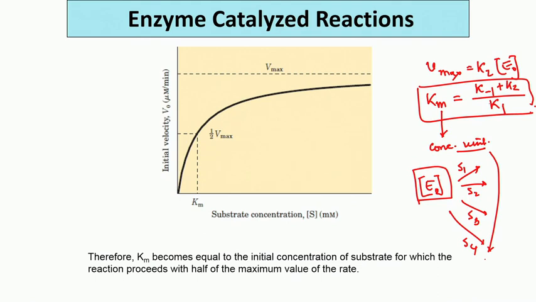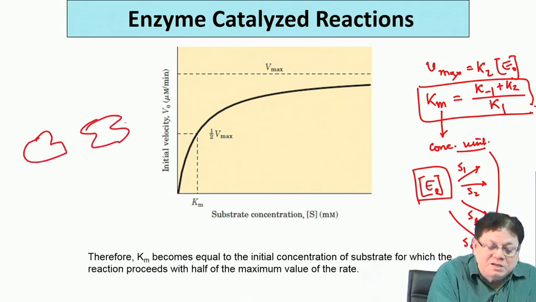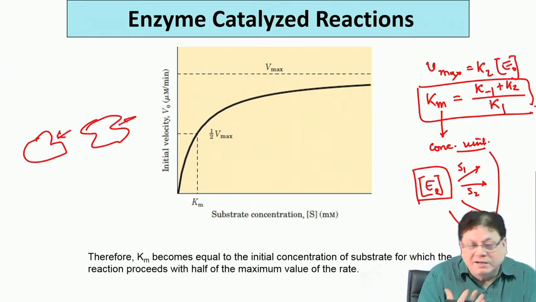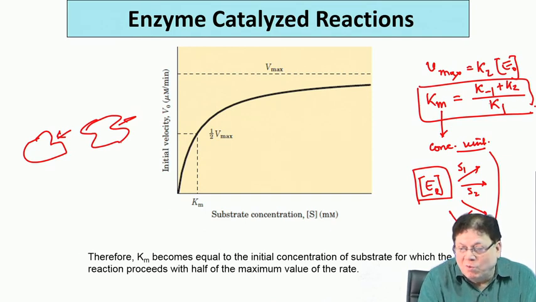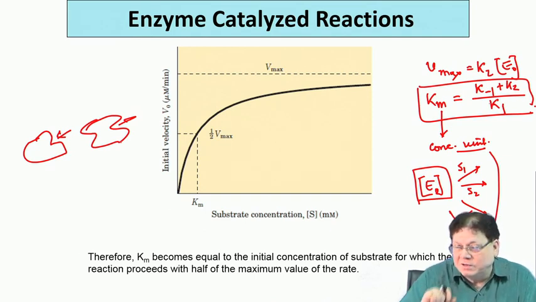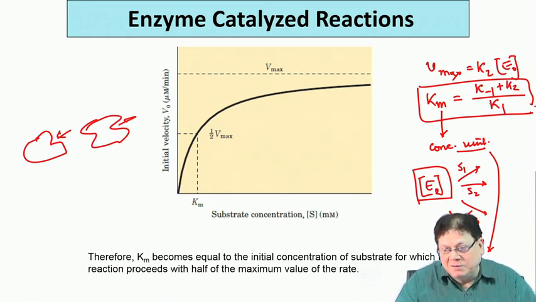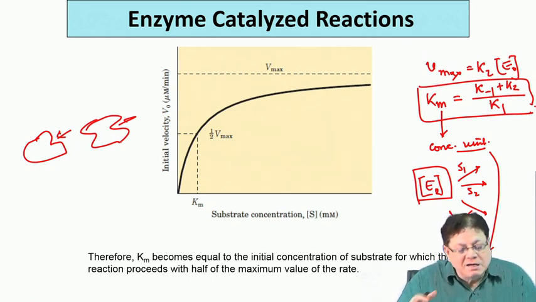So, you will see that as you increase the substrate, the velocity initially increases, because there are many enzyme molecules which have active sites. Initially the number of active sites is more than the substrate molecules, so the substrate molecules will not fill up all the active sites. The more active sites you fill, the more rate you will get.